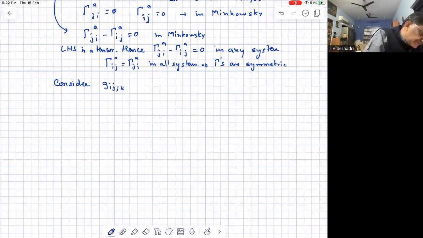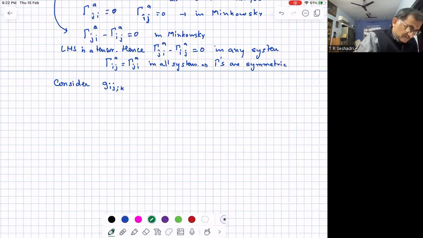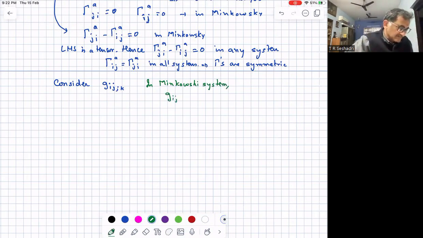First of all, in the Minkowski system, Gij semicolon k is equal to Gij comma k, because gammas are 0.